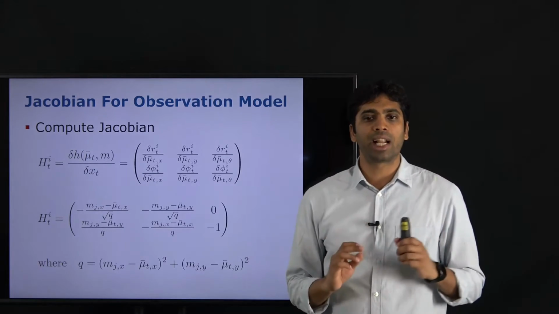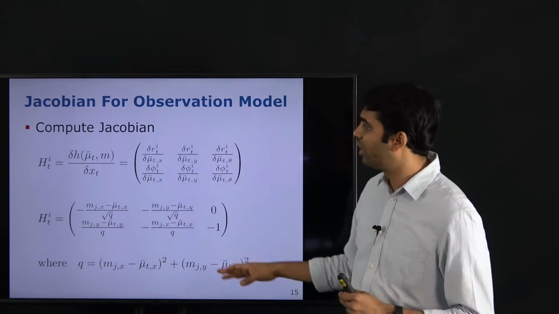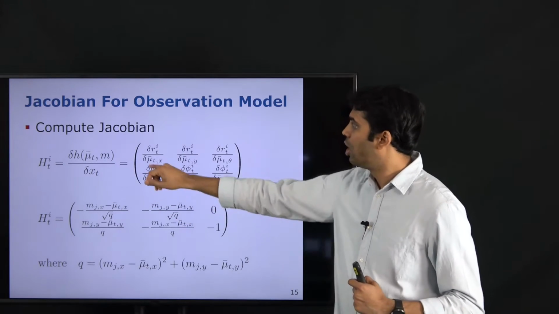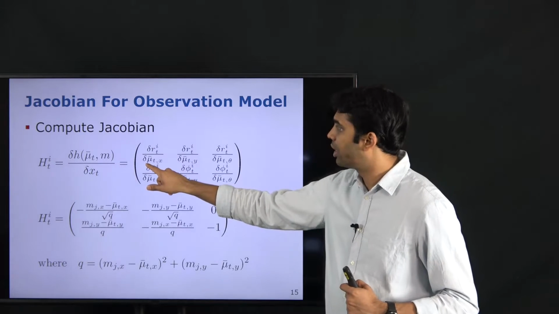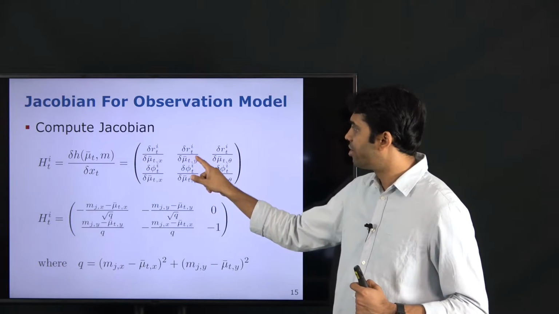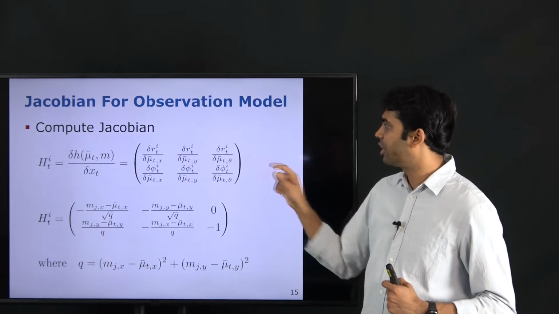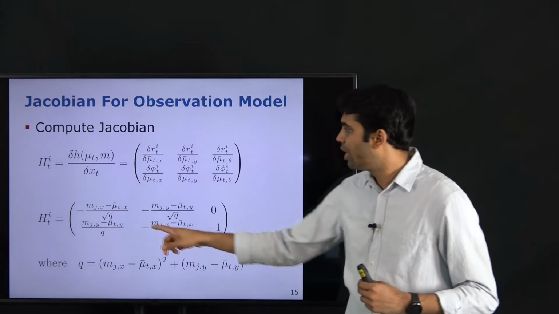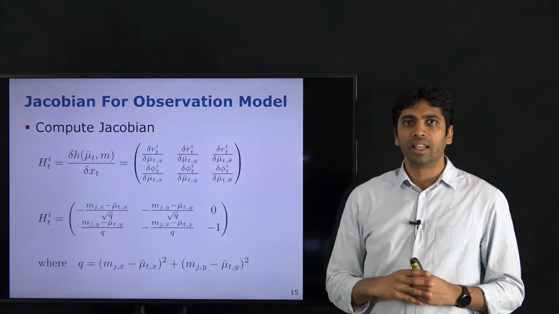This is slightly more involved in terms of algebra, so it will take a bit more space, and we'll not do it on the slide here. But if you follow these equations, the derivative of your range with respect to the x coordinate, the derivative of your range with respect to y, the derivative of your range measurement with respect to theta, you do the calculation, and you will end up with this particular equation as you see here.